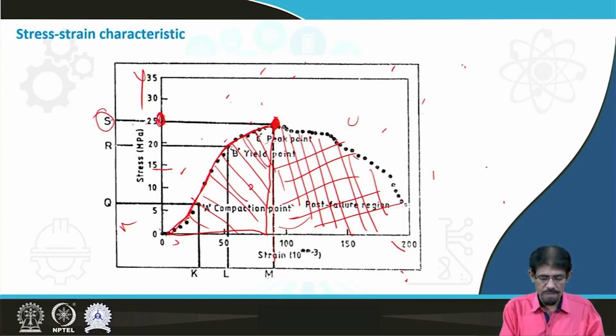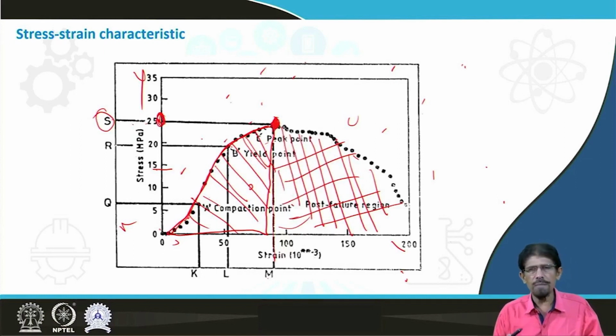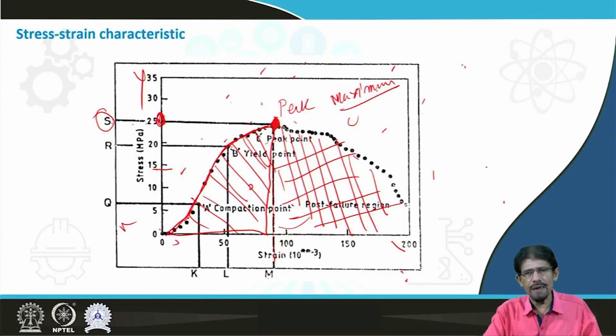This is the maximum stress which can be easily borne by a rock. This point representing the peak, and the value of stress, is the maximum stress that can be attained by a rock.